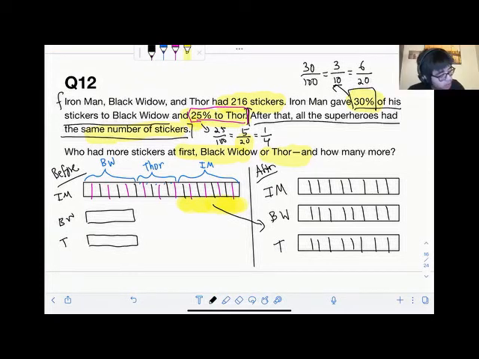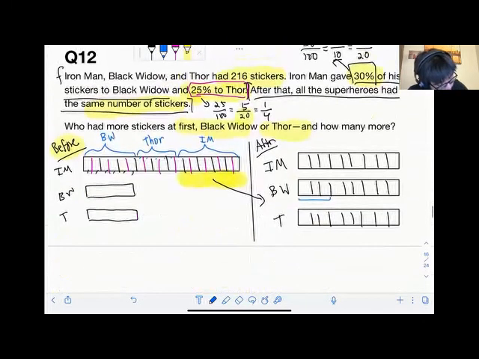Okay. So, alam natin na kung titingnan natin yung before, nagbigay si Iron Man ng 1, 2, 3, 4, 5, 6 boxes, no? Kay Black Widow. So ilan ba yung boxes niya sa una-una? 3 boxes. 3 boxes, no? Yes, very good. Ito yung binigay ni Iron Man.